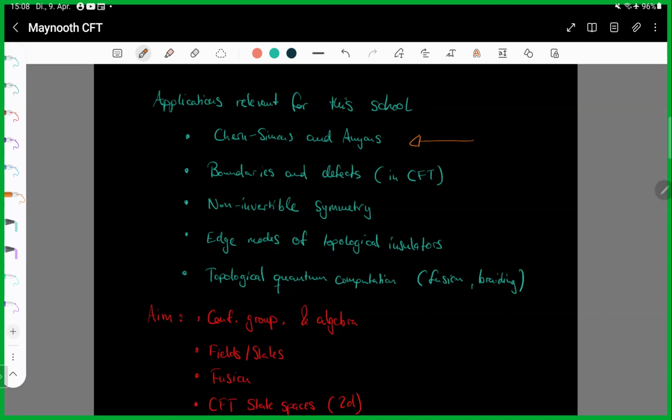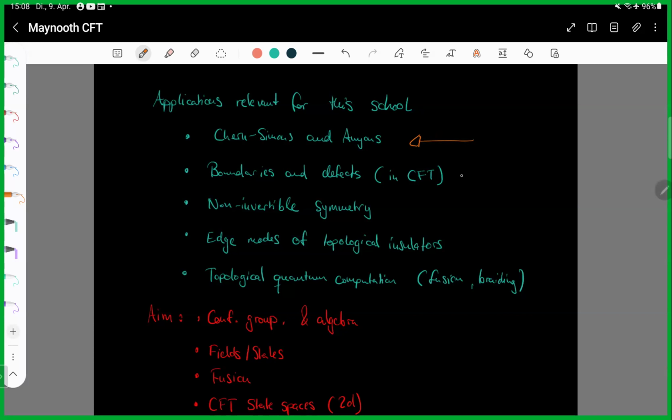When you put a Chern-Simons theory, that's three space-time dimensional, so 2+1 dimensions, on a manifold with a boundary, on its boundary this thing is going to develop critical edge modes, critical in the sense that they are conformally invariant. But we'll learn about that in the main school, in the main bulk.